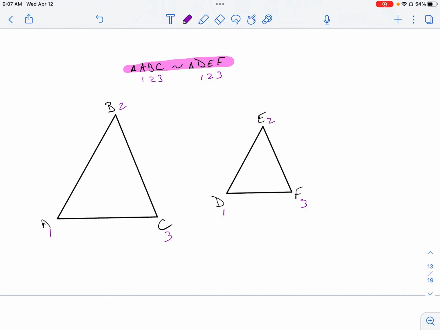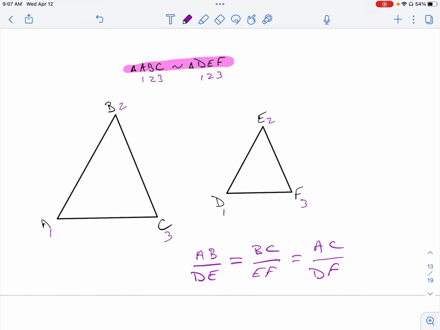So that would set this up as AB over DE equals BC over EF equals AC over DF.